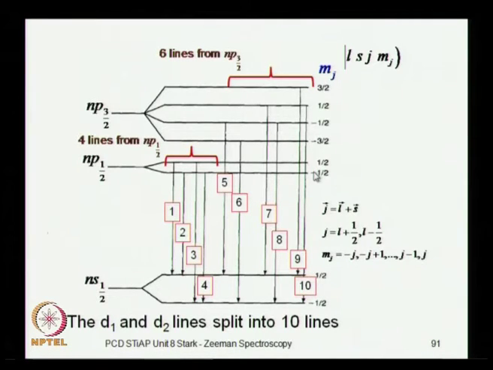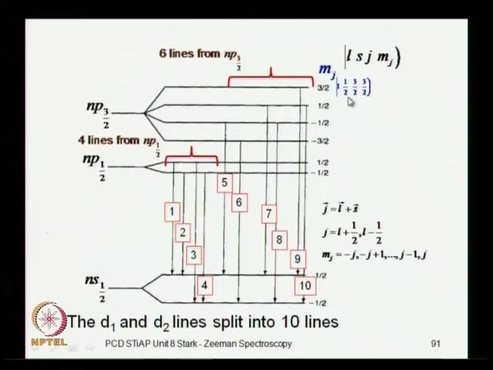Now the question is, first of all we have to write these J Mj quantum states in terms of the ML MS basis, okay. So these are the J Mj quantum numbers. So L is equal to 1 for NP, for all the p orbitals L is equal to 1, S is always 1/2, J for this state is 3/2, and Mj for this state is 3/2.